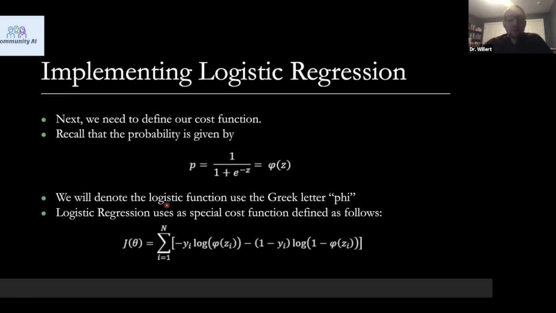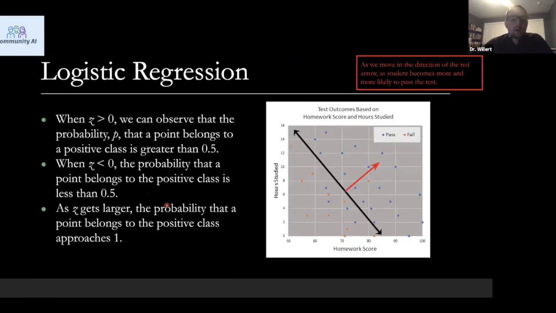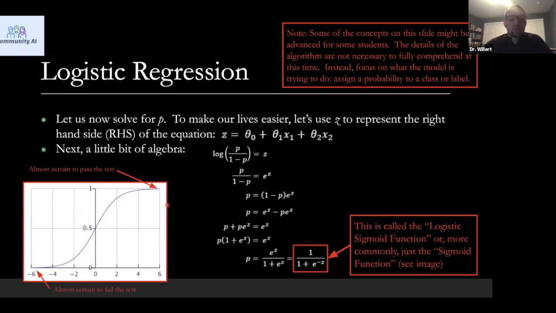So again, remember that phi of z_i is computed first by computing z sub i, which is given by this equation here. The right-hand side of the equation, z equals theta 0 plus theta 1 x1 plus theta 2 x2.